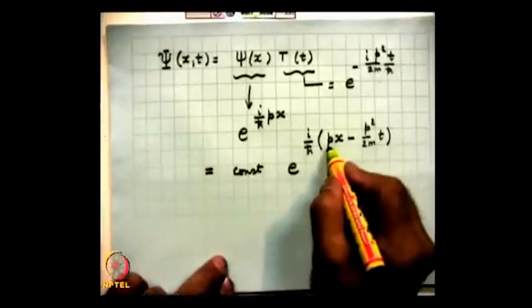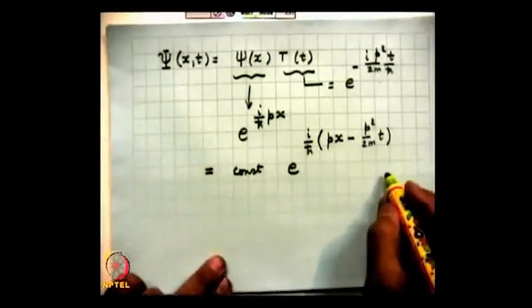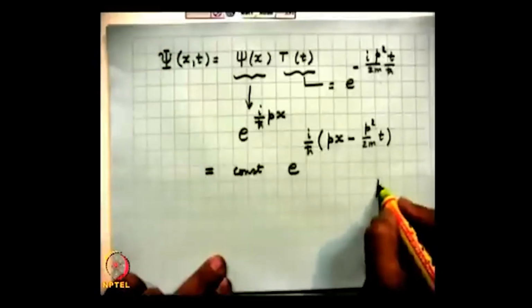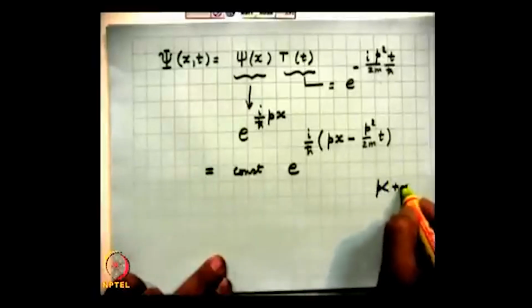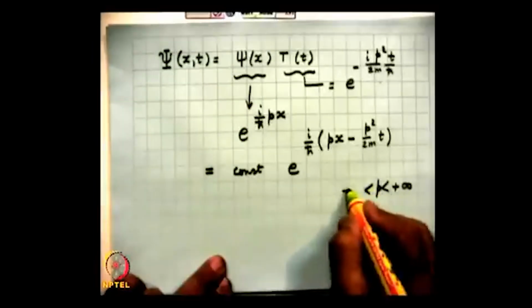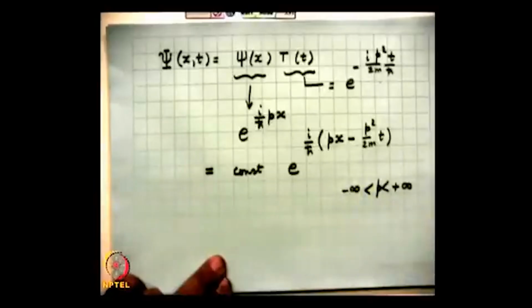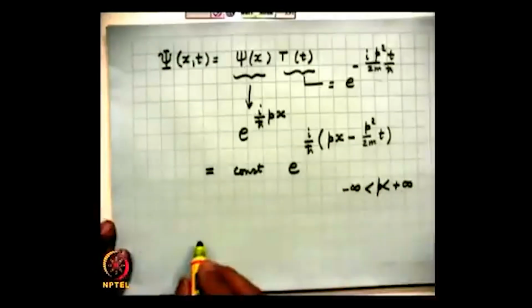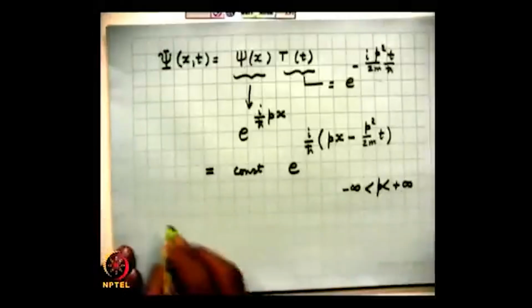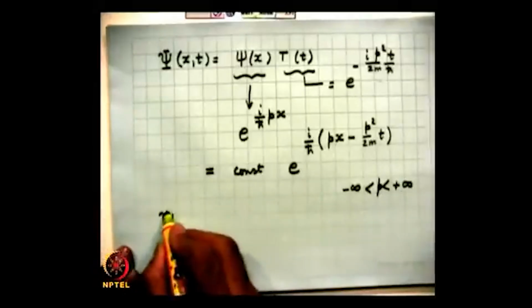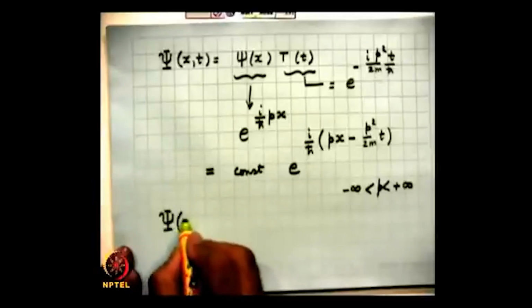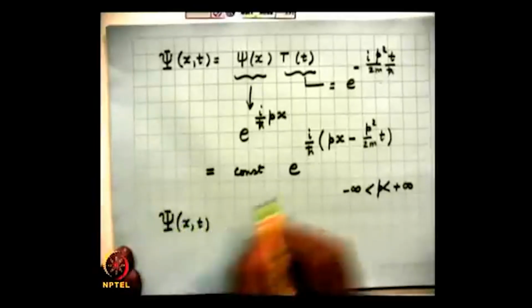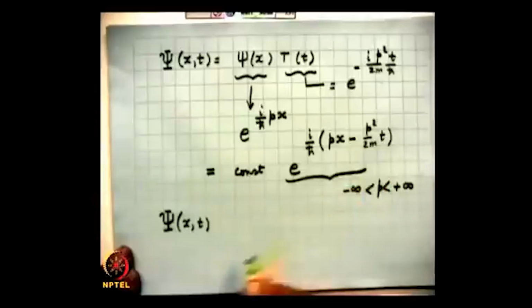Now, what is p? p is a number, and p can take any value from minus infinity to plus infinity. So, therefore, the most general solution of the one dimensional Schrodinger equation, psi of x comma t, is a superposition of this solution.